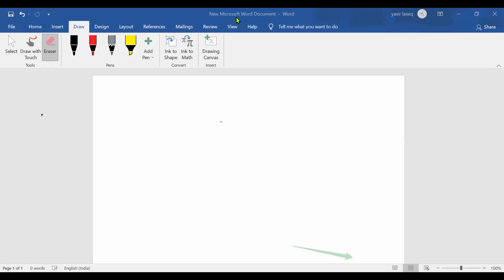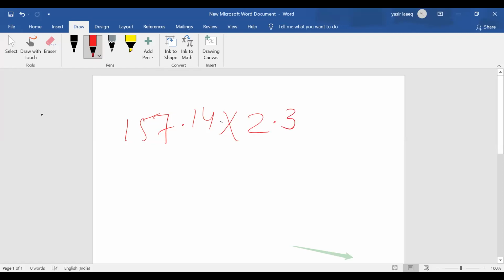Listen, listen. Here we have 157.14. It gets multiplied by which number? It gets multiplied by 2.3.